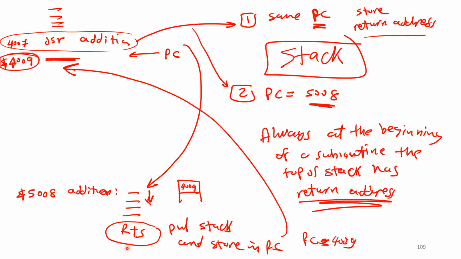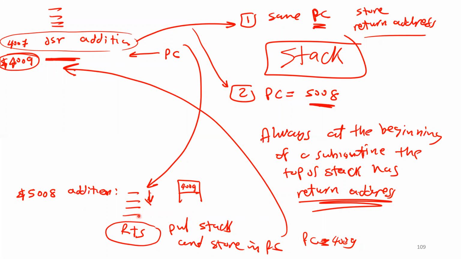So when you come to RTS, you have to make sure the top of the stack is still storing the return address, okay? Because this one is gonna take whatever is on the top of the stack and put it in PC, so that I can come back here, okay? So very serious, very important, right?